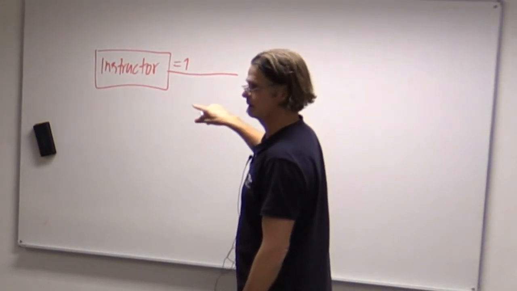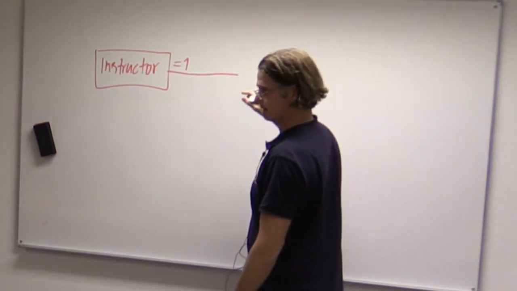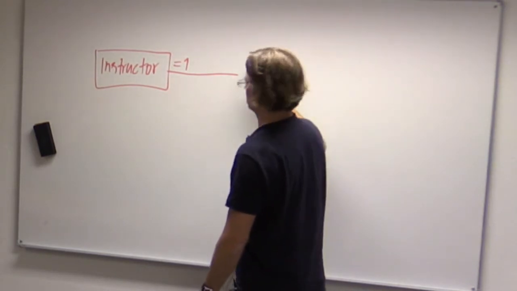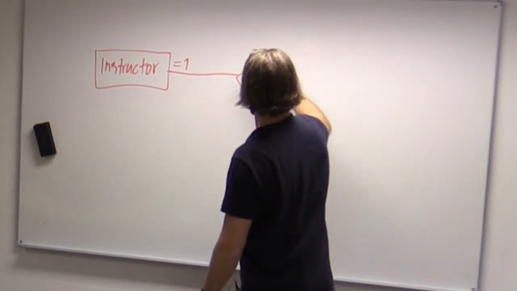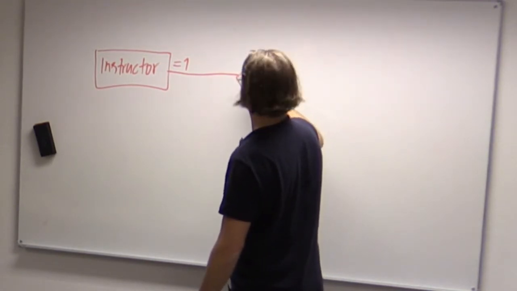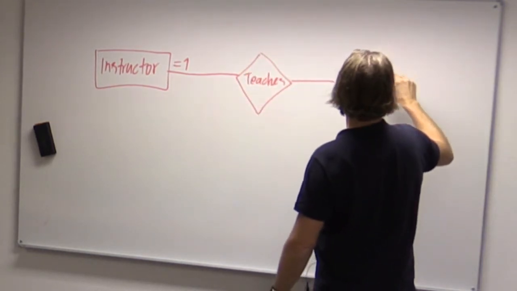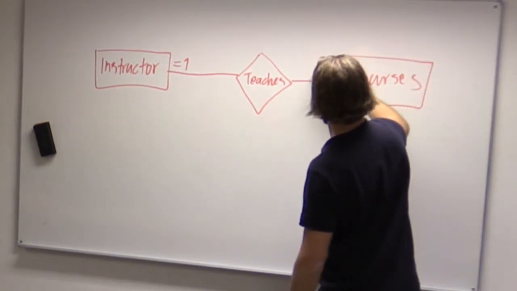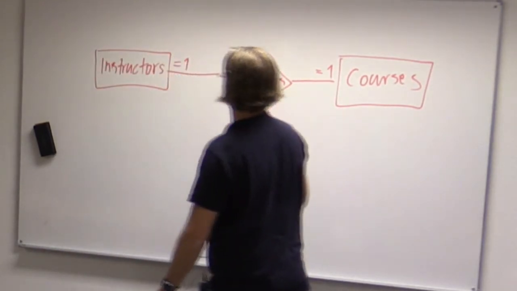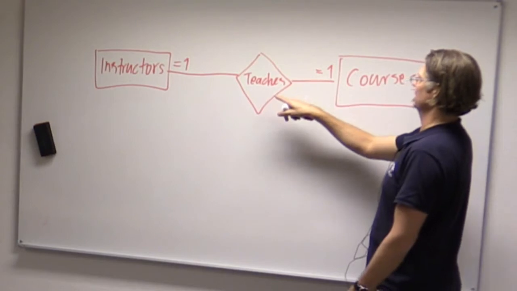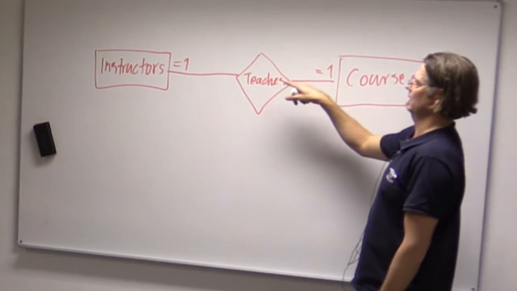If the teacher is teaching one course, it has to be 1 backwards. It can't be 0 if he is. I can model it. I don't know if I'm making any sense at all, but I think it's instructors. So an instructor teaches at exactly 1 course, and a course is being taught by exactly 1 instructor.